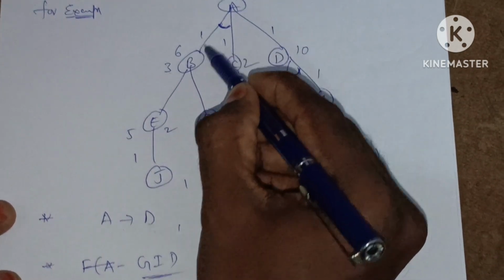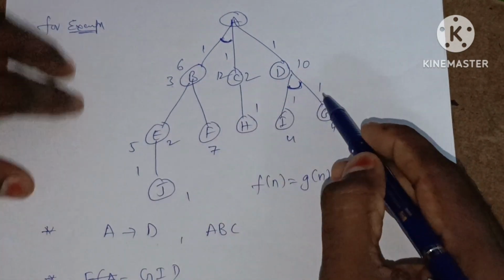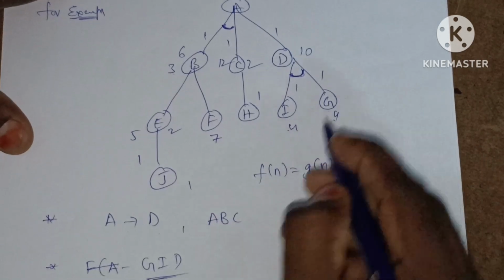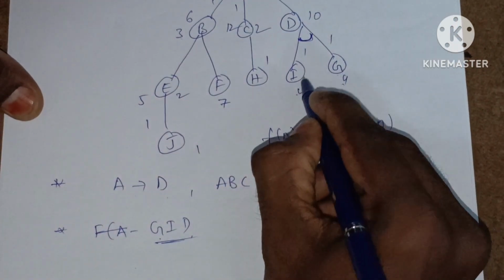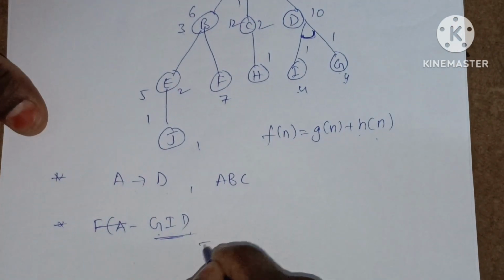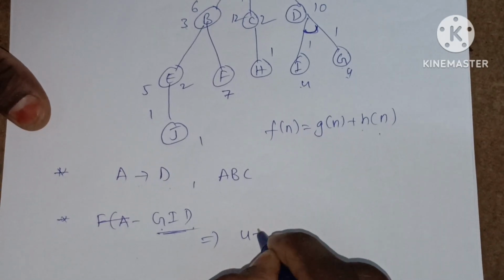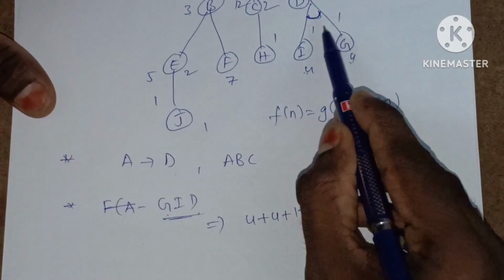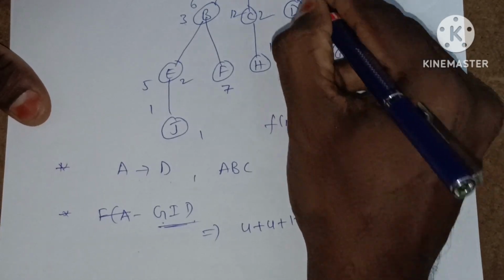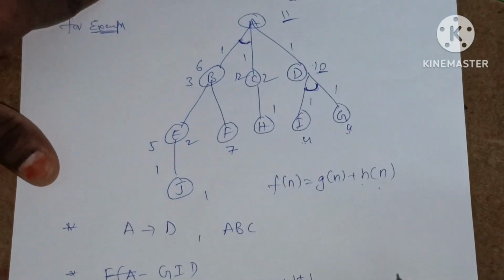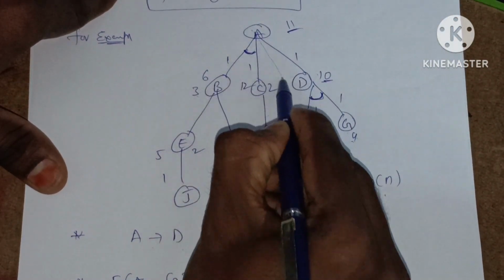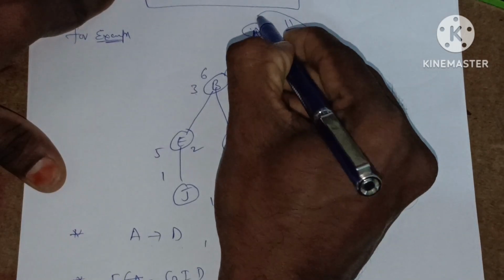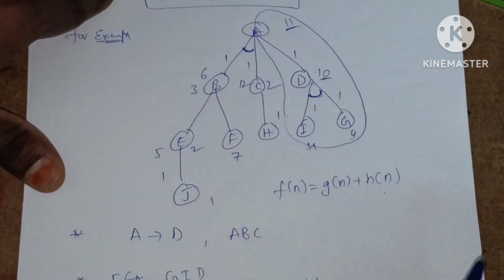But these are completely individual paths. So calculate the value of G, I, D: 4 plus 4 plus 1 plus 1, that is 10. 10 plus 1, 11. So if you select this path, the cost is 11.